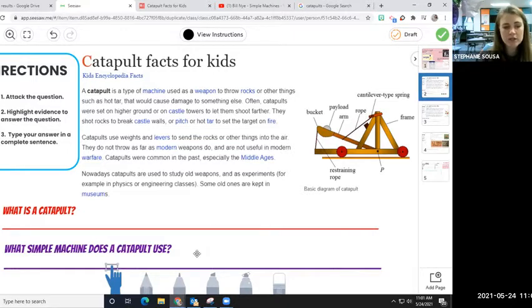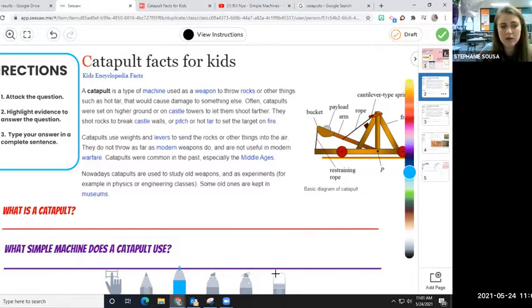Our directions tell us to attack the question. So let's look down here at our questions. Get your pen ready, please. What is a catapult? This is a what question. Please place a box around that what.